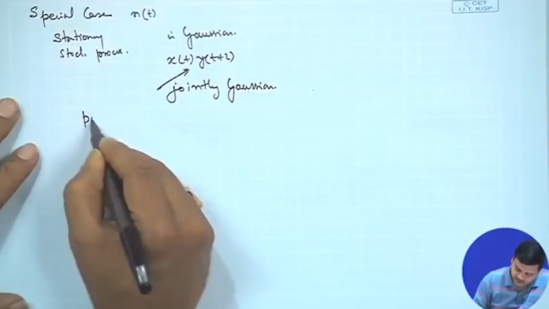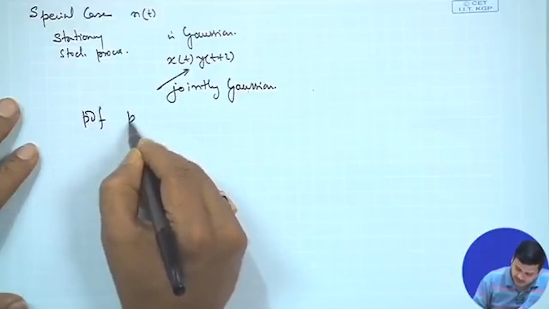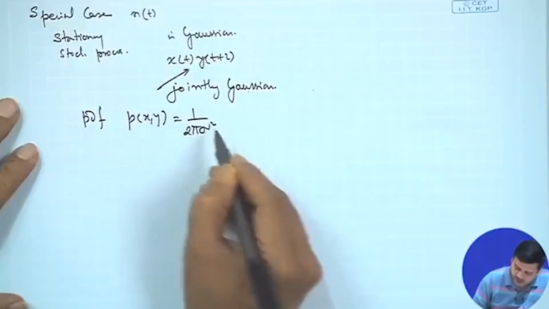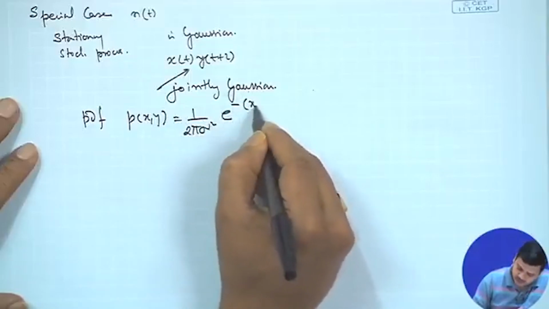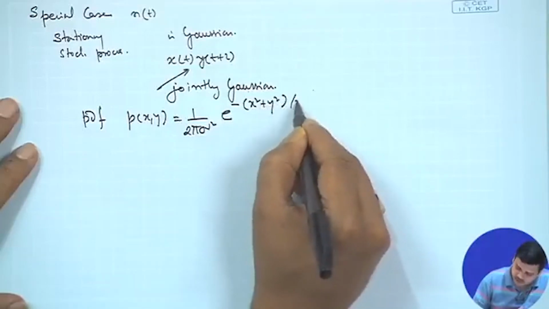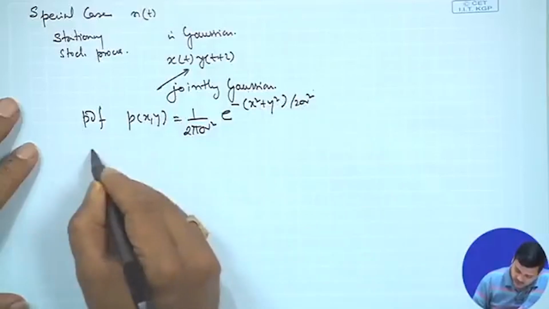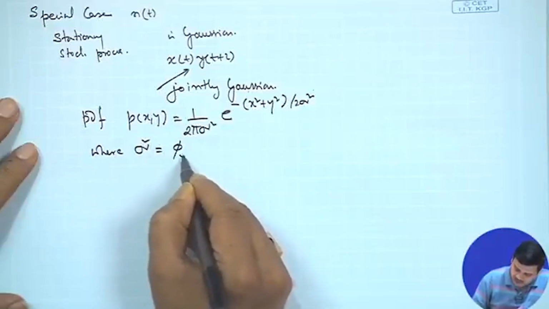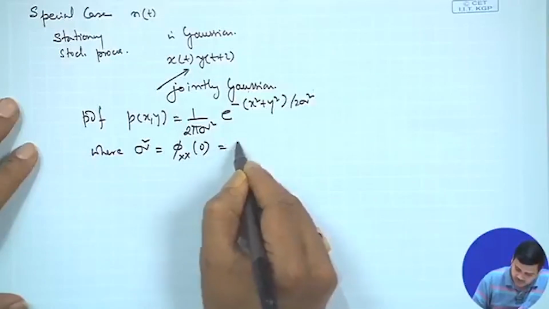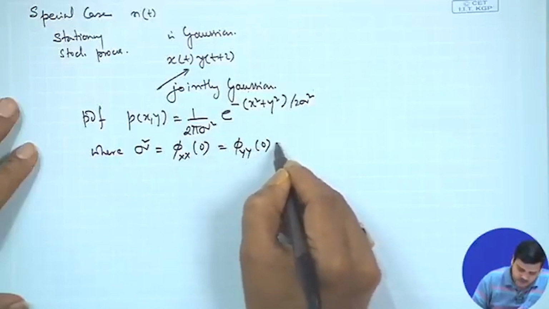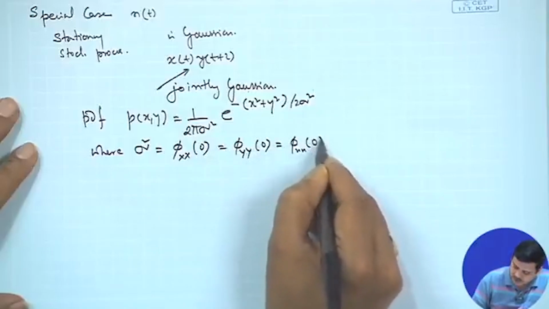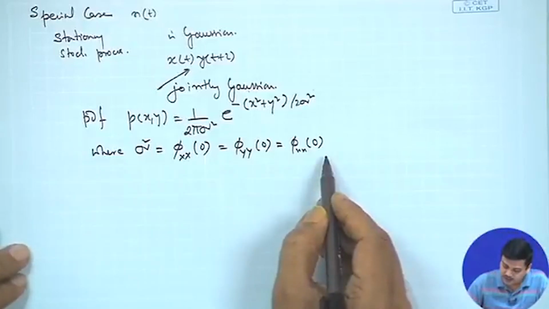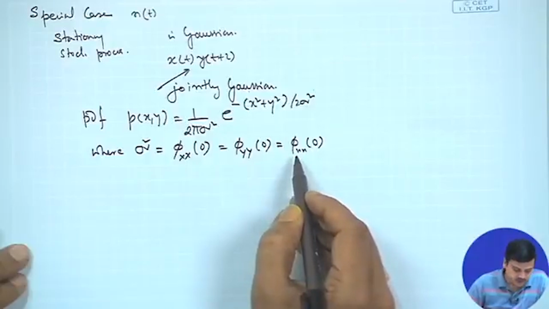So the PDF is given by p of x y equals 1 by 2 pi sigma squared, e to the power of minus x squared plus y squared by 2 sigma squared, where sigma squared is equal to phi x x of 0, which is equal to phi y y of 0, which is equal to phi n n of 0. Once you have this, we can use it further.